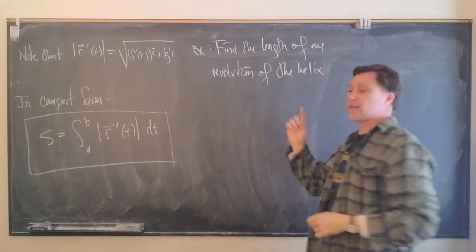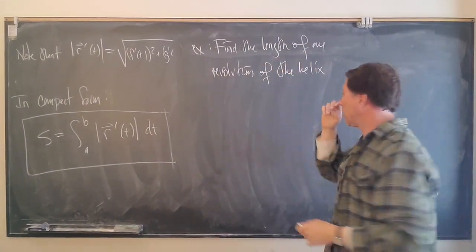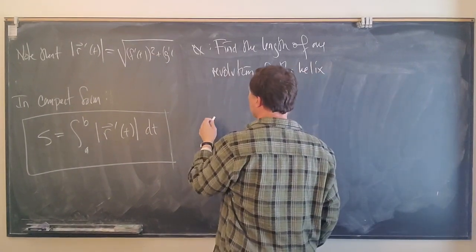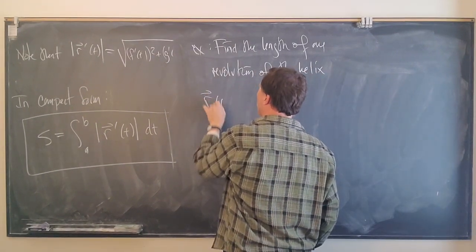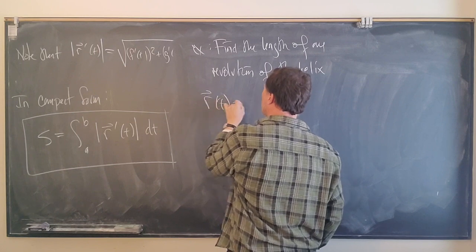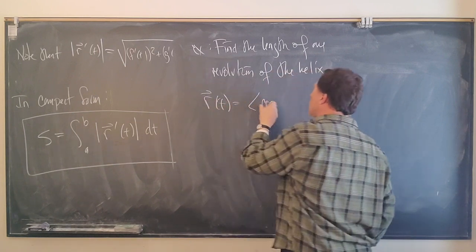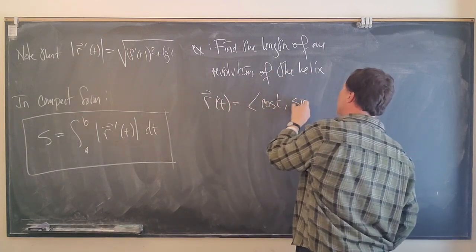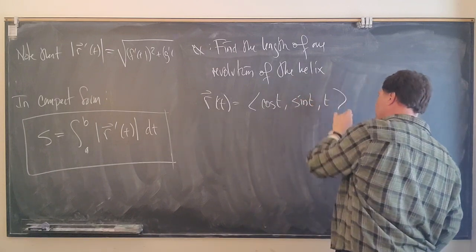Remember, the helix was that spiral shape. So one revolution of the helix, which I'll write in vector form, r of t equals cosine of t, sine of t, t.